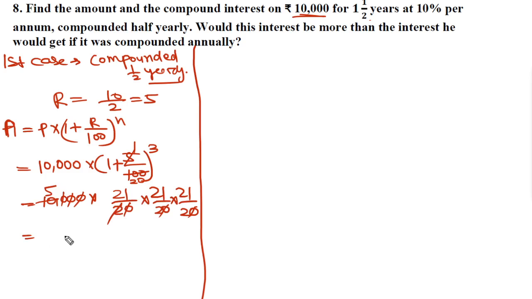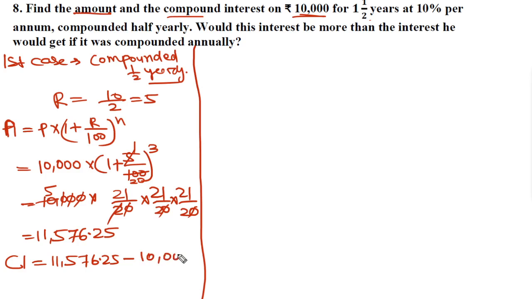So it will be equal to 11,576.25. Okay, so this is the amount. Now we have to find the compound interest. So CI, compound interest, is equal to amount minus principal. So 11,576.25 minus 10,000. So it will be equal to 1,576.25. So this is the compound interest here.